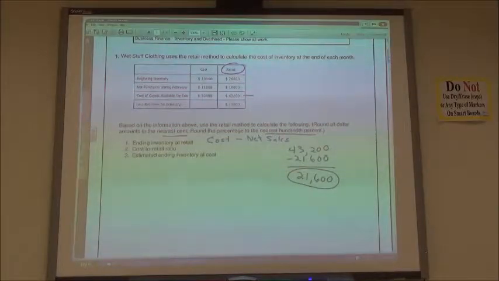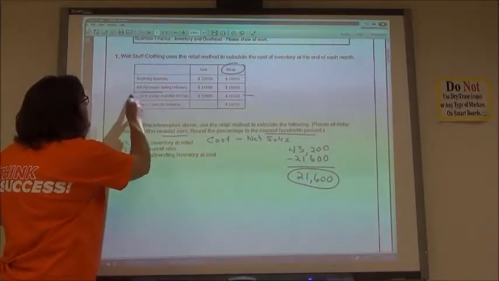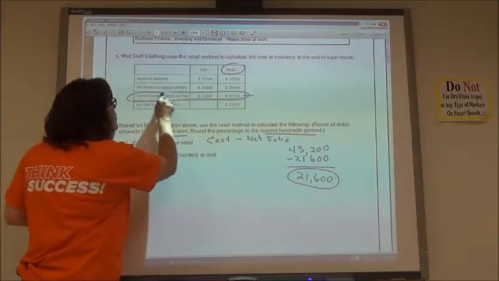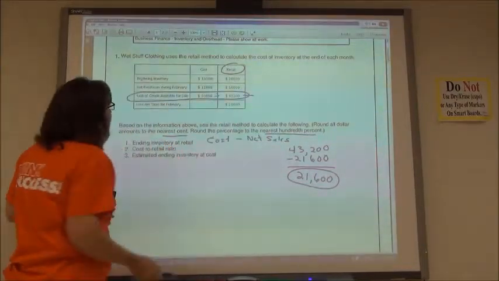Then it wants us to find the cost to retail ratio. To find the cost to retail ratio, we're going to take the cost of the goods available at cost and the cost of the goods available at retail, and we're going to divide those two numbers. So we're using these two values here and we're just going to divide them.